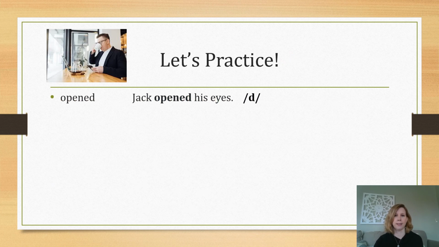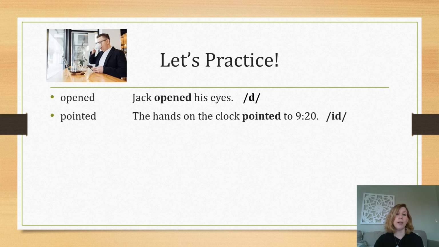Let's practice. You can repeat after me if you'd like and practice at home. I have opened. Jack opened his eyes. I'm hoping you can hear the D sound. Point becomes pointed. The hands on the clock pointed to 9:20.